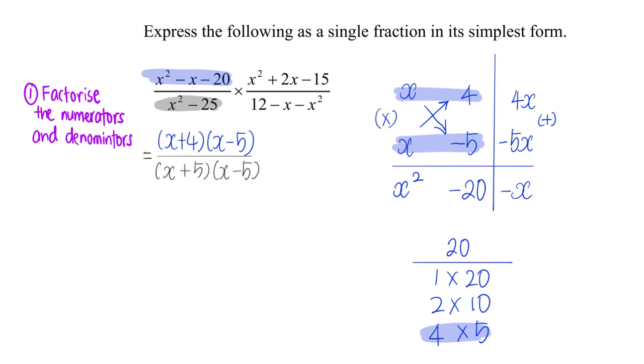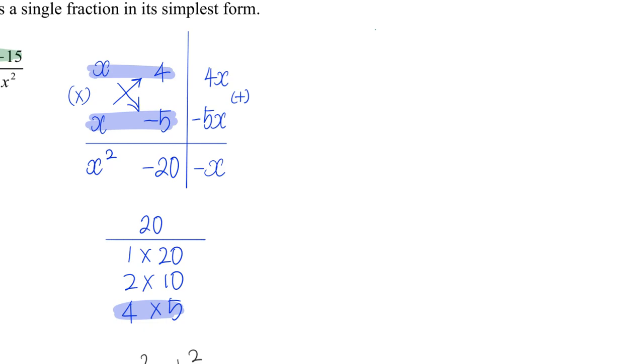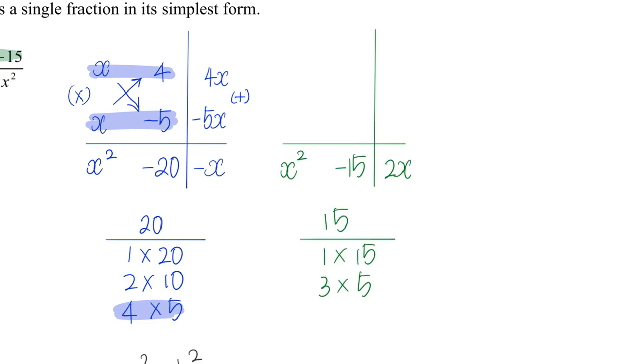Next thing to factorize will be this. So again, I have to do my cross chart. So I'm going to bring you over to here, where I will have x squared, -15 and 2x. Which pair of factors will possibly give me 2x? Yes. So this will be x times x to give me my x squared, and 3 and 5.